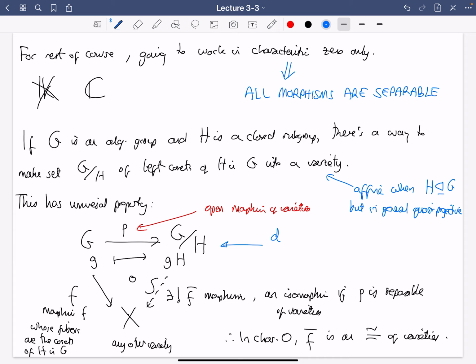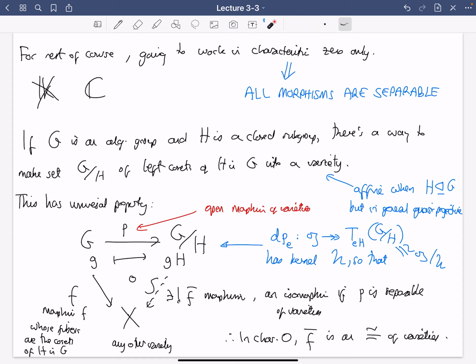The differential of P at the identity, so that goes from the tangent space to G at the identity, which is the Lie algebra, to the tangent space to G over H at the identity coset, and this has kernel exactly the Lie algebra of H, so that tangent space is actually isomorphic to the vector space G quotiented out by the vector subspace H. Okay, so this construction is consistent: the tangent space of that variety G over H at the identity element is that quotient of vector spaces, the Lie algebra of G over the Lie algebra of H.